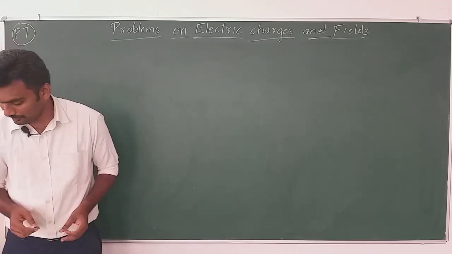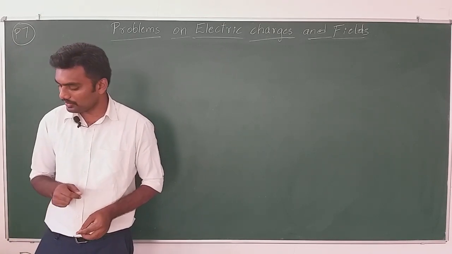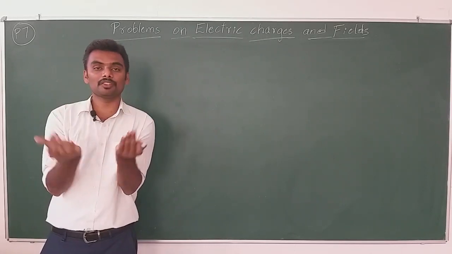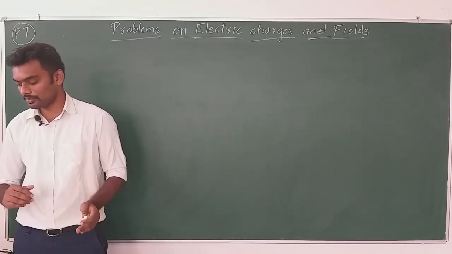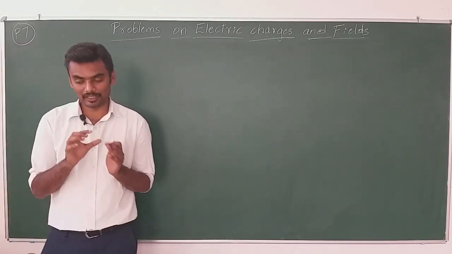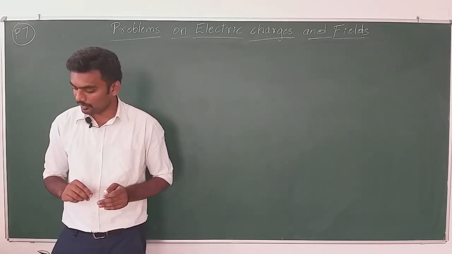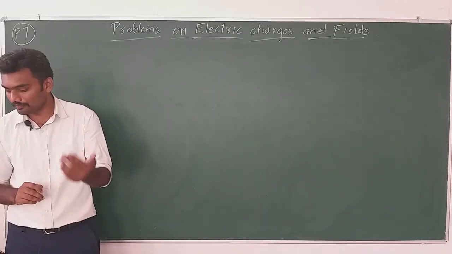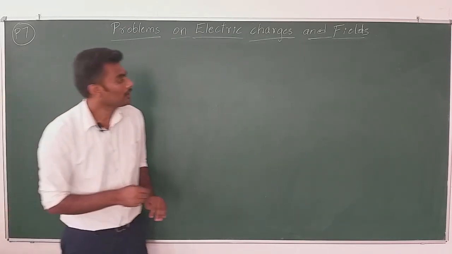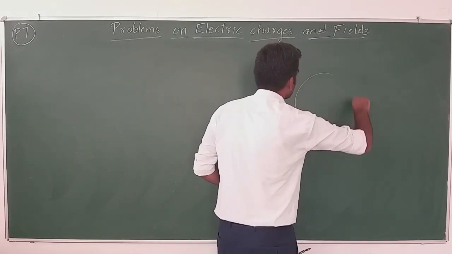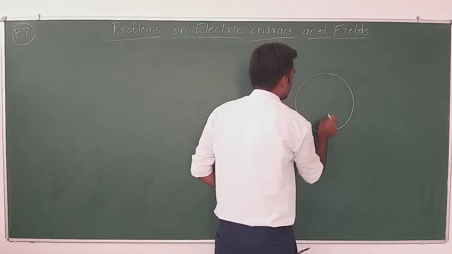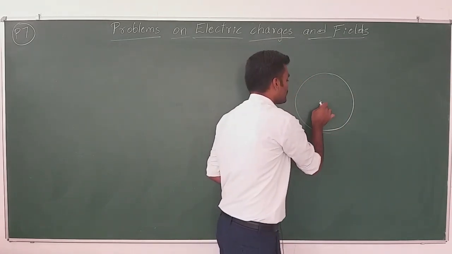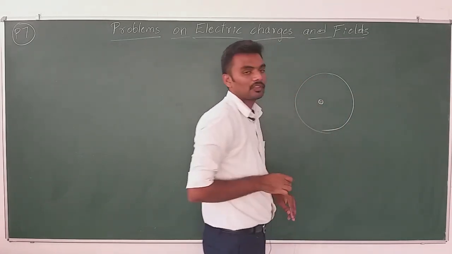So the flux is given, to pass through a spherical Gaussian surface of 10 centimeter radius, centered on the charge. So drawing it in 2D, this is the Gaussian surface, spherical in shape, and the charge is kept at the center of this Gaussian surface.